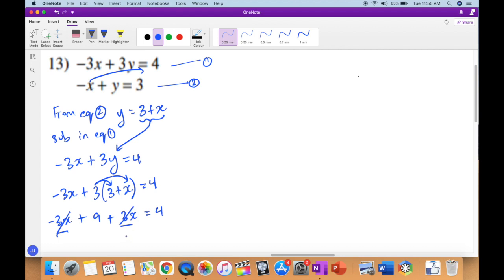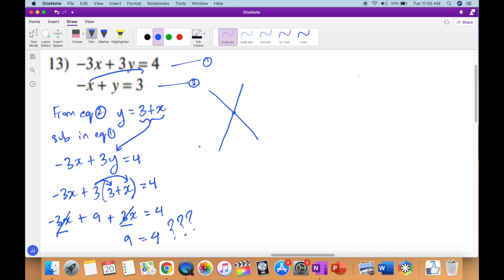And therefore what we end up with is 9 is equal to 4. And this makes no sense whatsoever, right? So remember what we were talking about in terms of the graphical solution is that a simultaneous equation is really two lines, and what you are actually finding is the point of intersection, right?